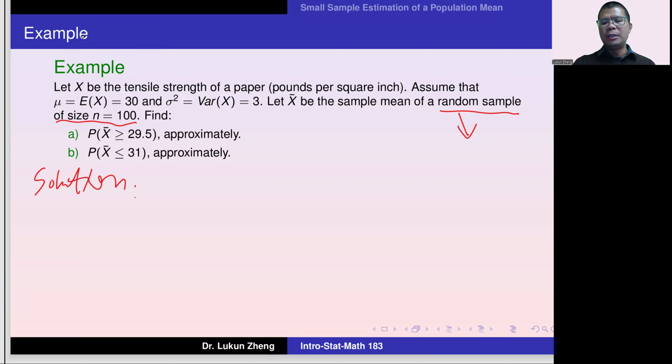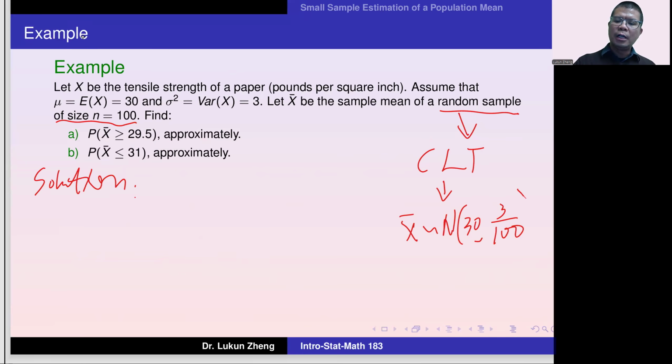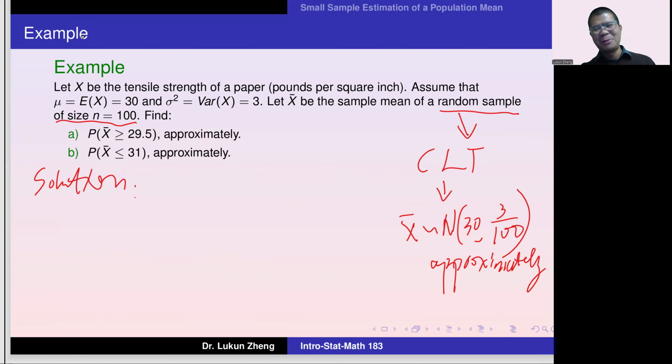Now based on this, we have CLT, and then X bar has a normal distribution with the same mean, which is 30, and the variance is sigma squared over n, which is 3 over n. Approximately.